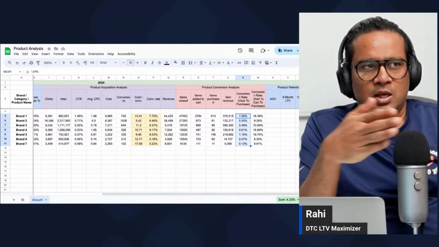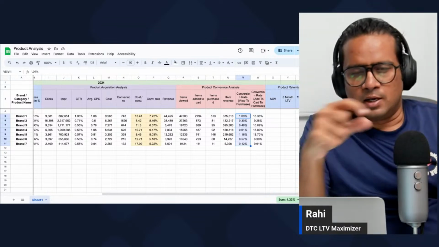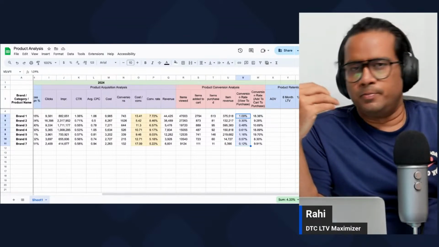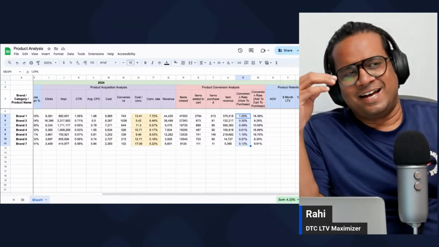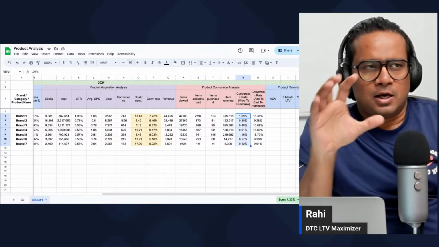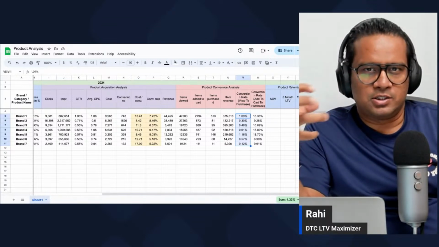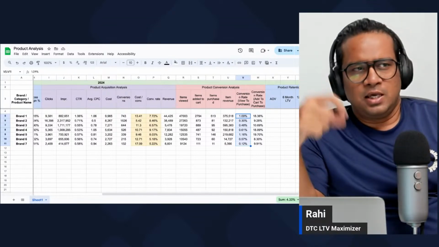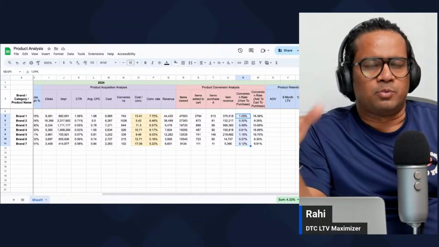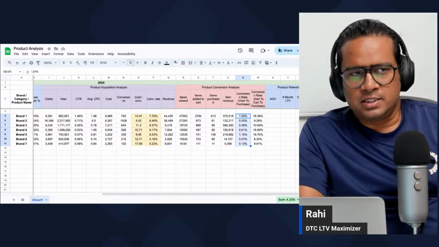If the conversion rate is very high compared to the store, you can increase the price. I can't make any generic statement, but broadly, if you feel there is a very good conversion rate or it's a very good deal for the customer, there is price elasticity in that product, and you can increase the price by $10 or $5 and see how the conversion moves.